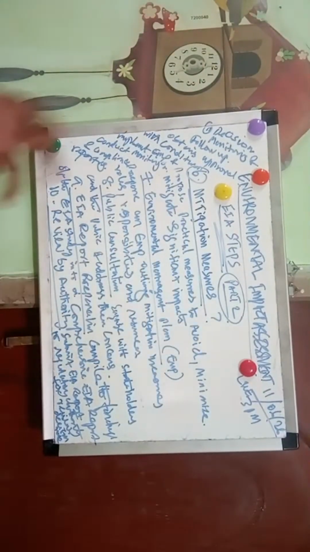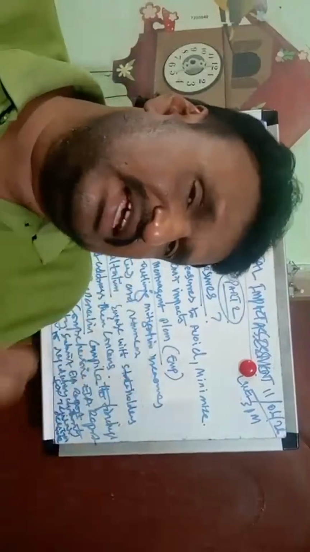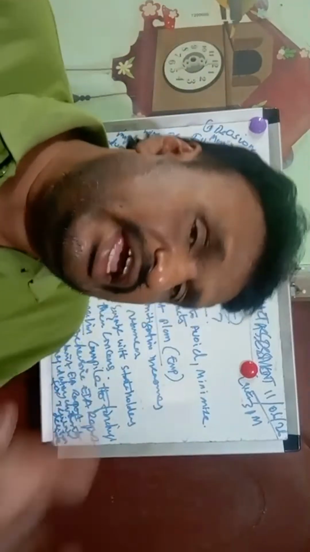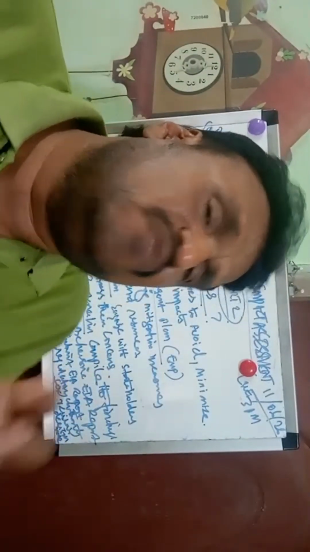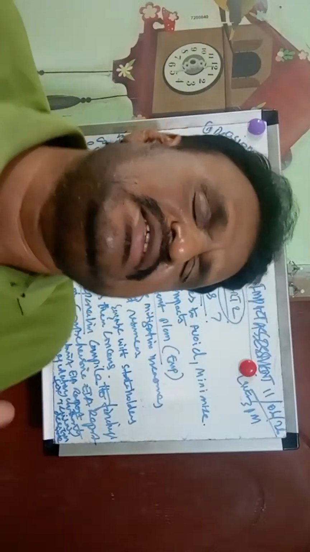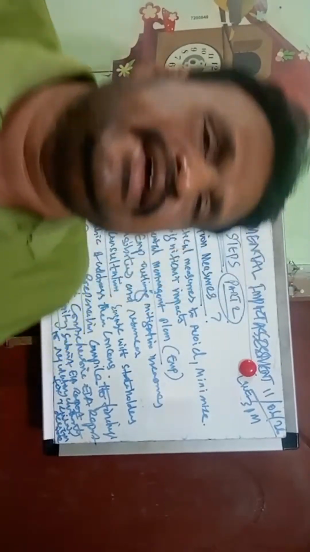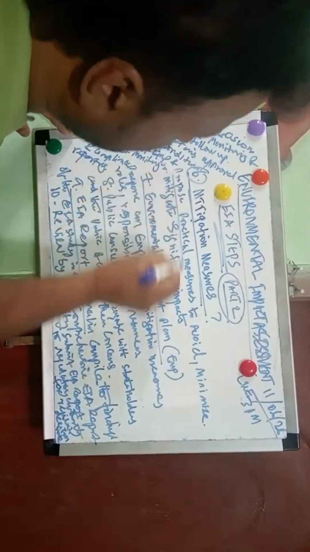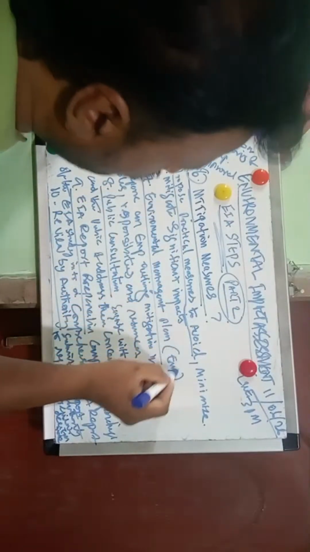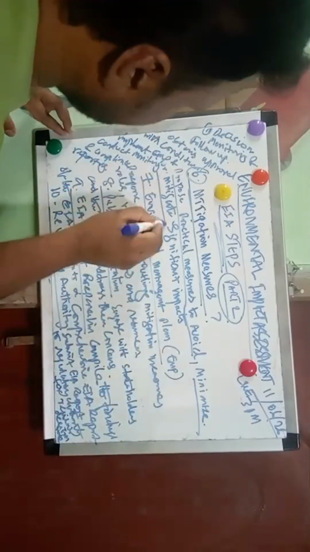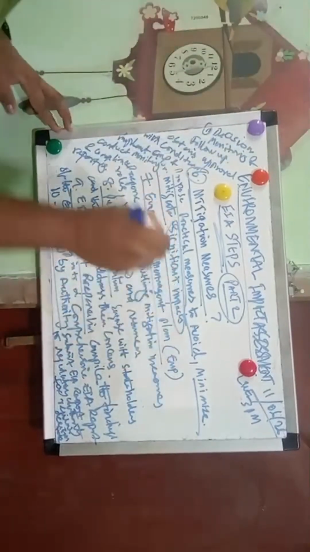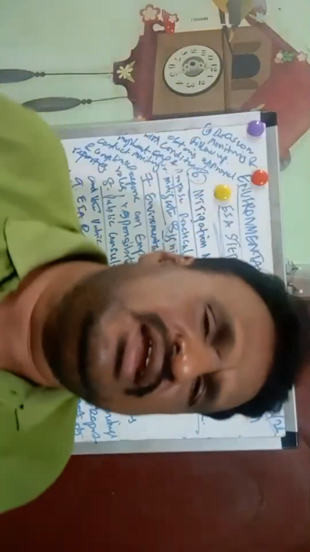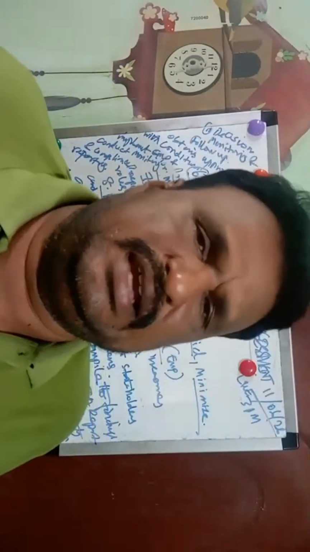Mitigation measures means through the EIA, what kind of mitigation measures you can take. They propose practical measures to avoid, minimize, or mitigate significant impacts. So you must know what is significant and what is insignificant.